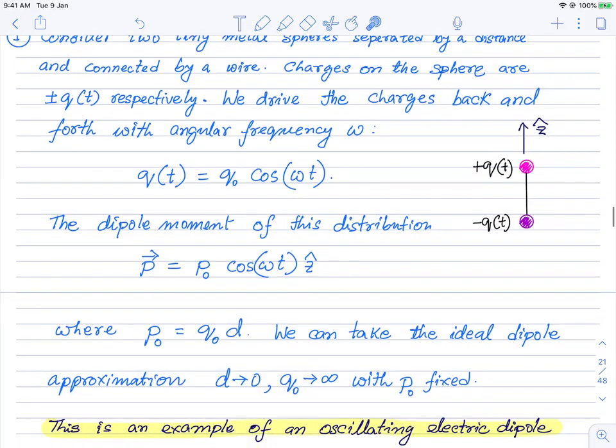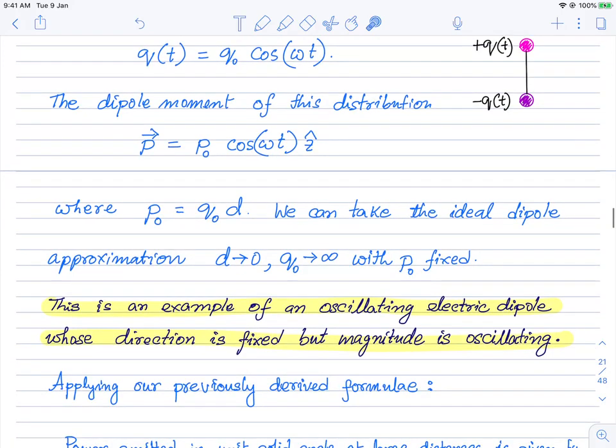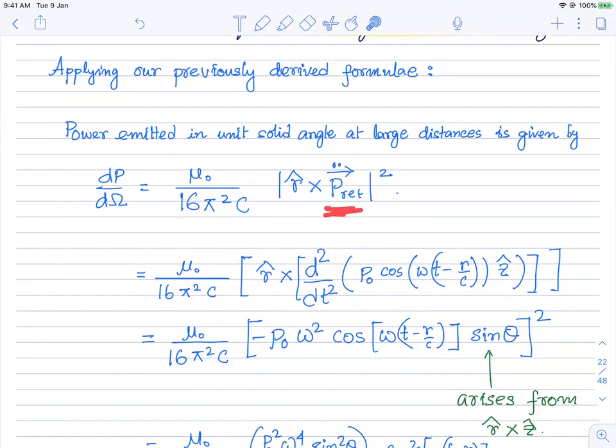So if we take that now, again you can consider this distance to become very small and consider an ideal dipole, and q naught goes to infinity with p naught fixed. The same way in which we considered an ideal dipole. And if we did that, then we can go ahead and compute this object. We plug it in the p double dot here.